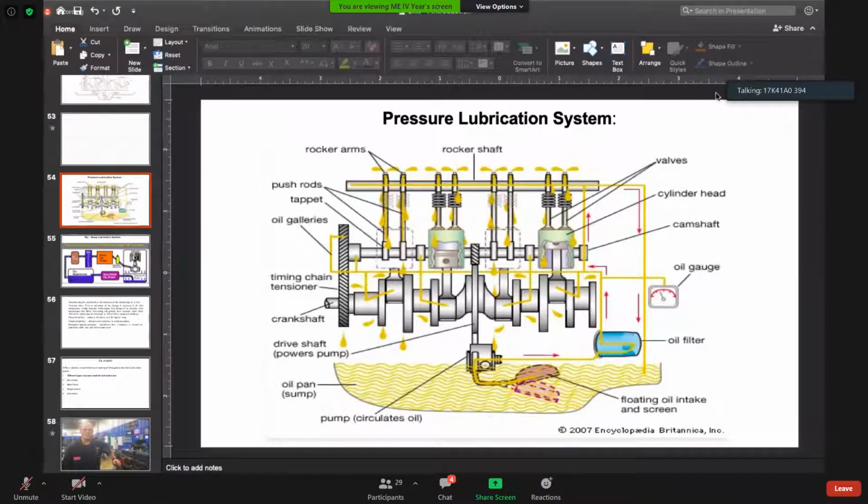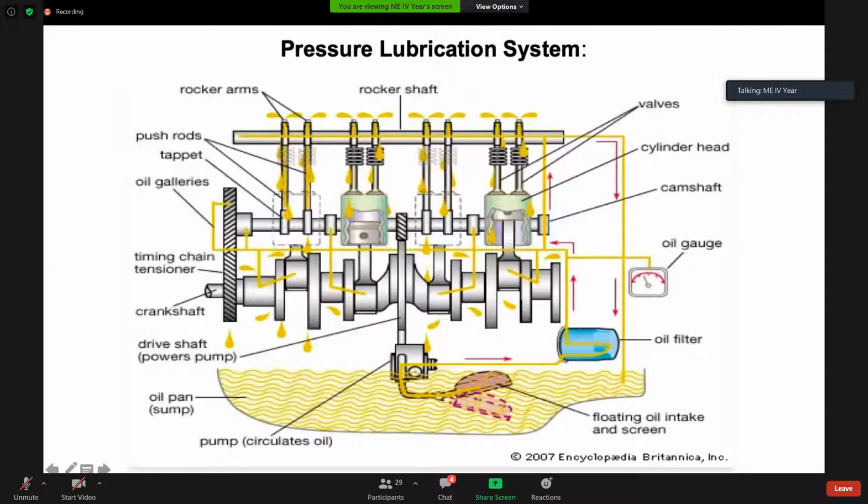So Umair is not present in the class. Okay, so this is 394, I think this is Faizan. Yes, sir. You describe this pressure lubrication system, the picture you can see in the slide. Yes, sir. Okay, so describe this figure to everyone.